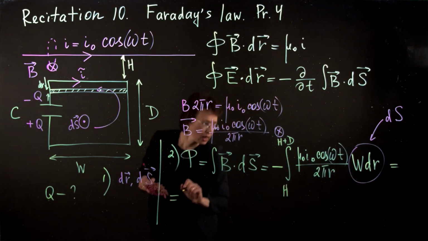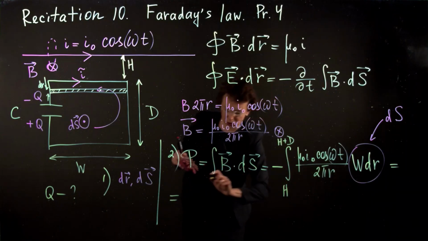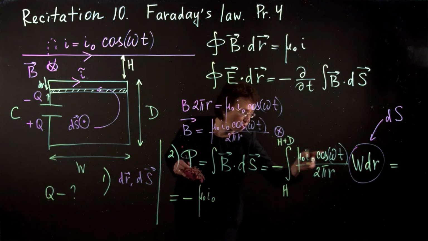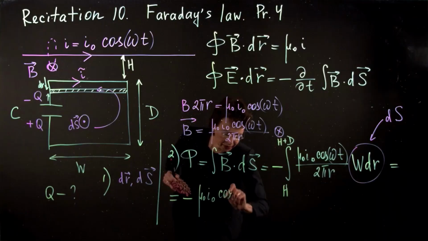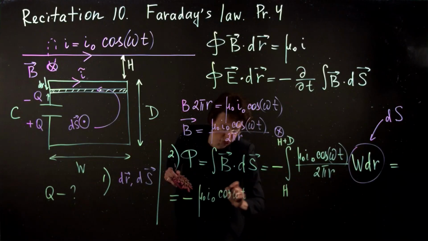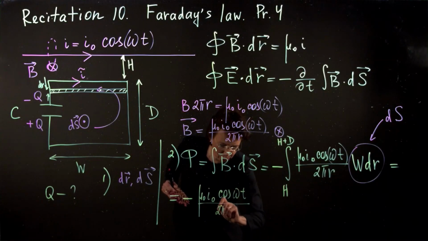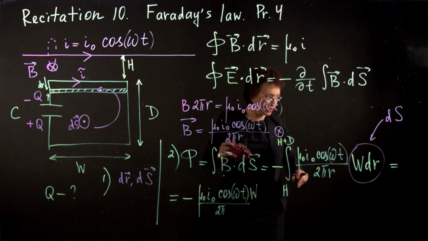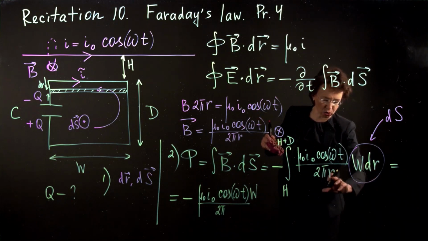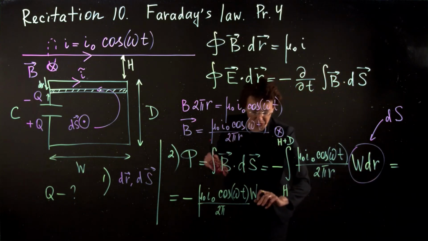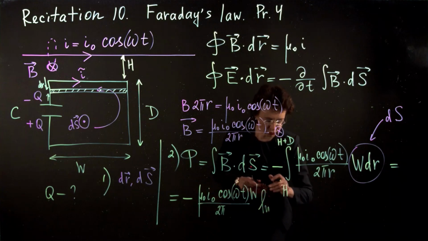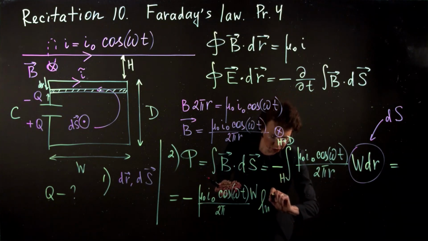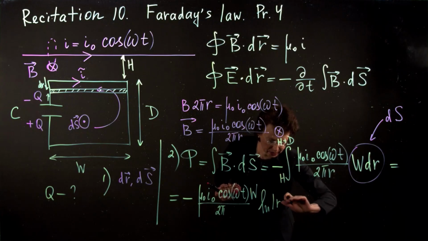We keep going. All these are constants, so it is minus mu naught I naught cosine omega t divided by 2 pi, and w. And then look what we have. We have dr over r, which is a logarithmic function of r.